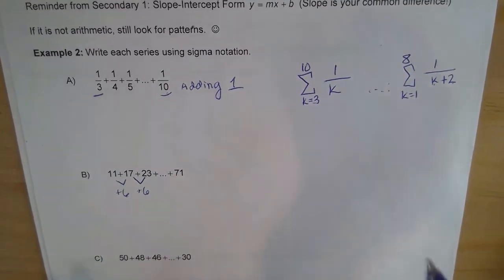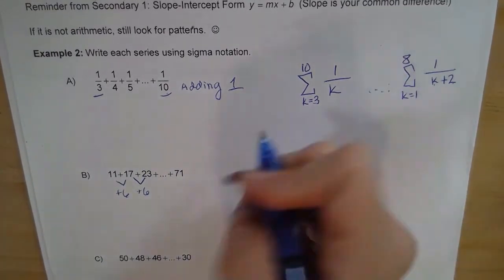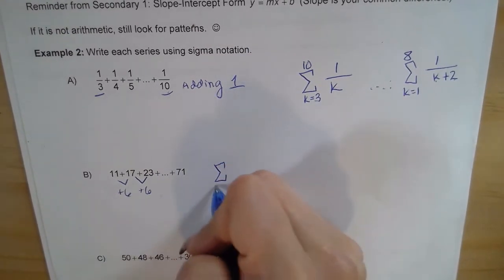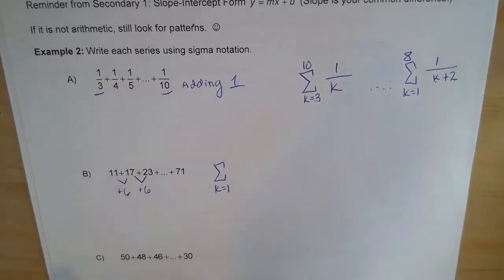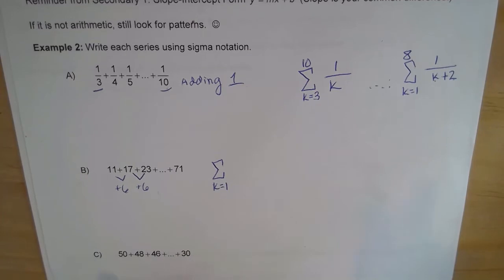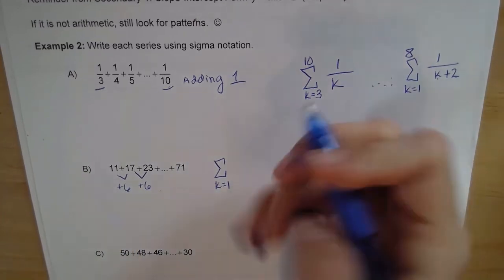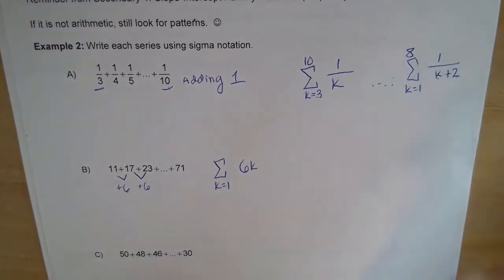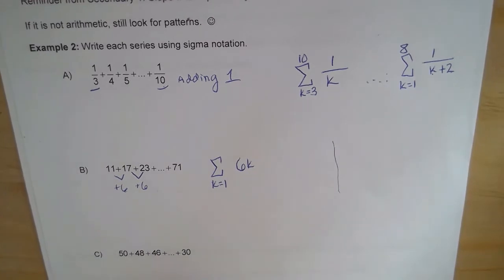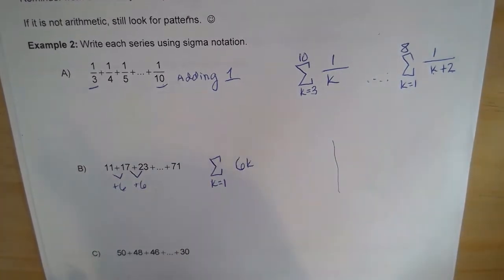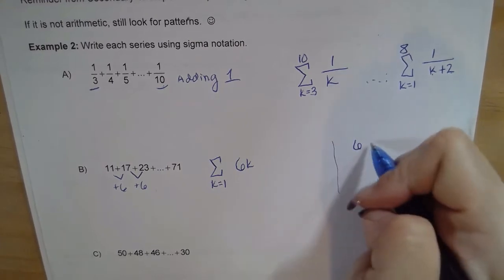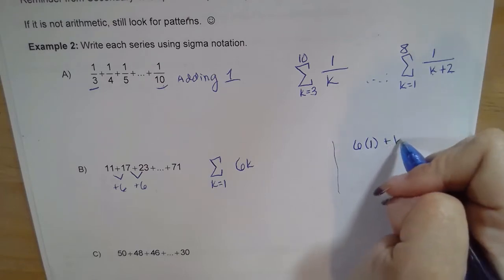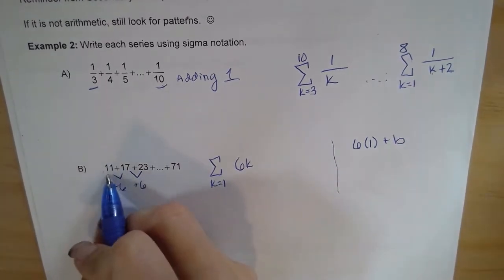Okay, so when you know you're going to do a linear equation, first of all, you always want to start out with k equals 1, that first term there. Now, whatever you're adding by is the slope of our linear equation. Now, on our side work, so I'm going to divide this up here, I need to make sure that whatever when we plug in 1 to this first term, we need to get the value of 11.